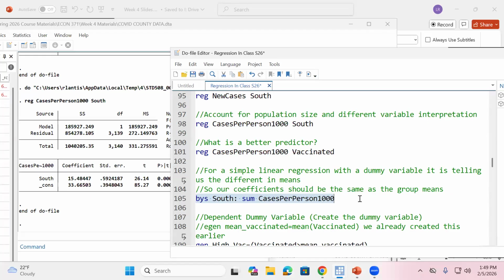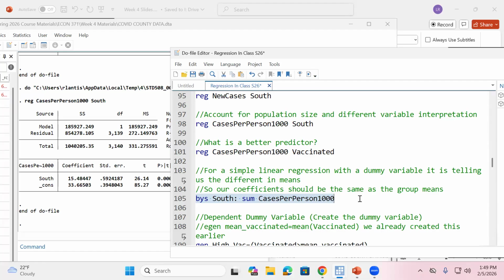All I want to do is use the bysort command. So I say by this variable South, sort it, then look at all the possible values. Well, if it's a dummy variable, the only possible values are 0 and 1. And for those two groups, summarize this COVID cases variable. So what that would do is take every county that has a 0, or non-South county.